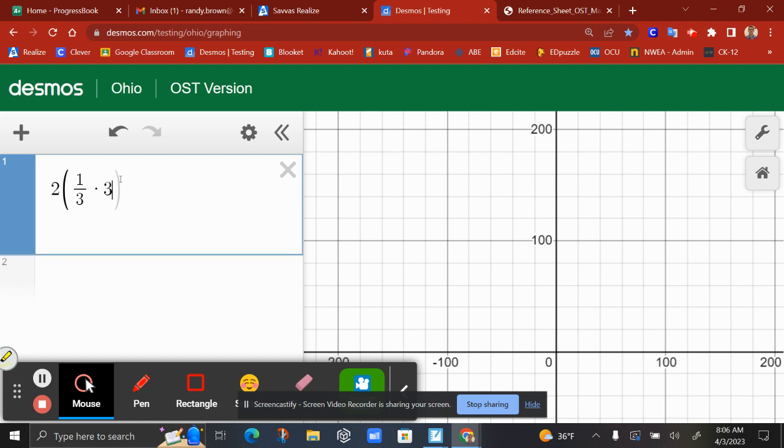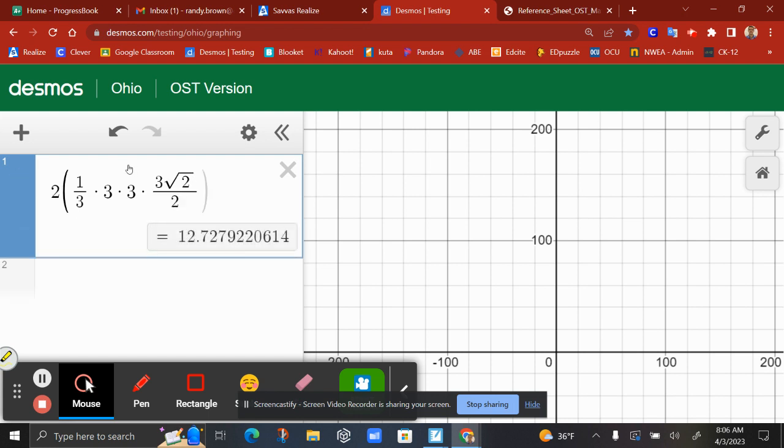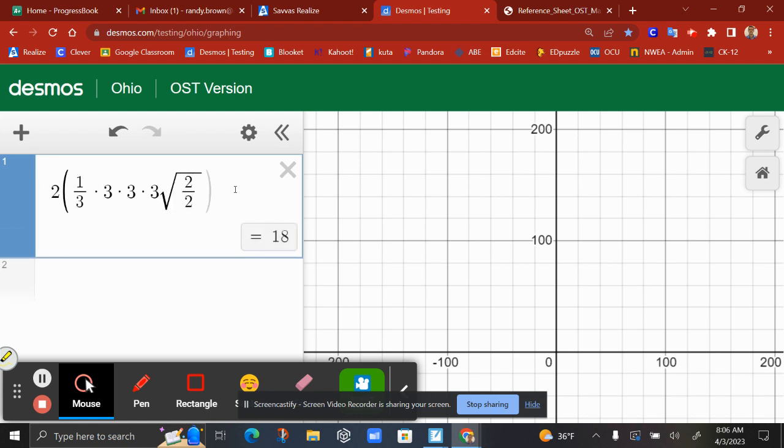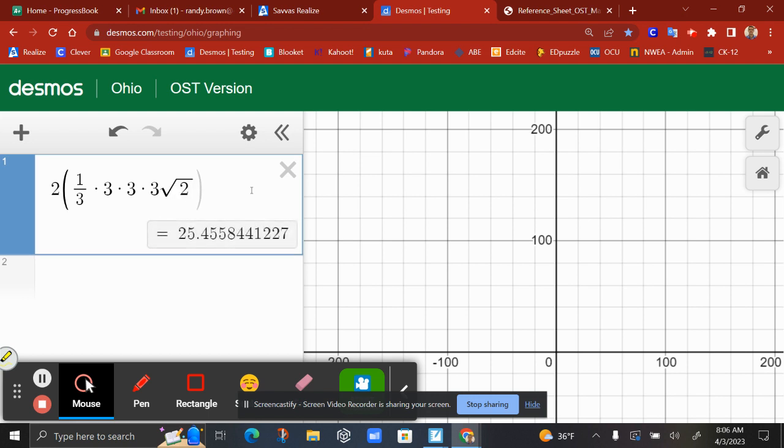Length was 3, width was 3, and the height was that weird number, the 3 square root of 2 divided by 2. So make sure when you divide by 2, it goes over the whole 3 square root of 2, not just part of it. Some people do this. That's not what we want. So make sure this looks the same.